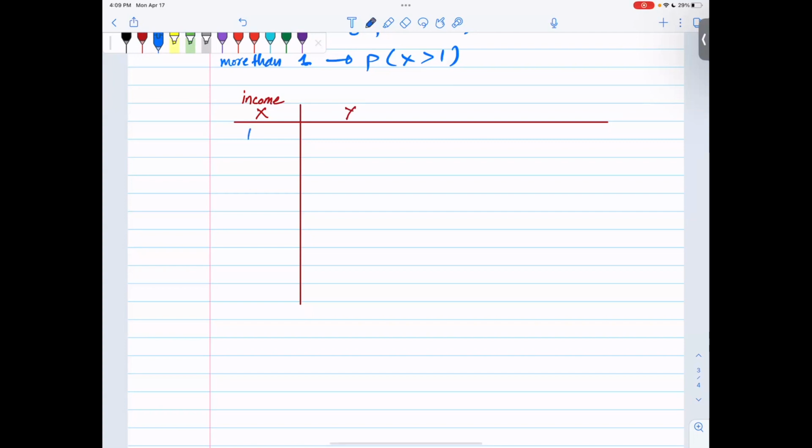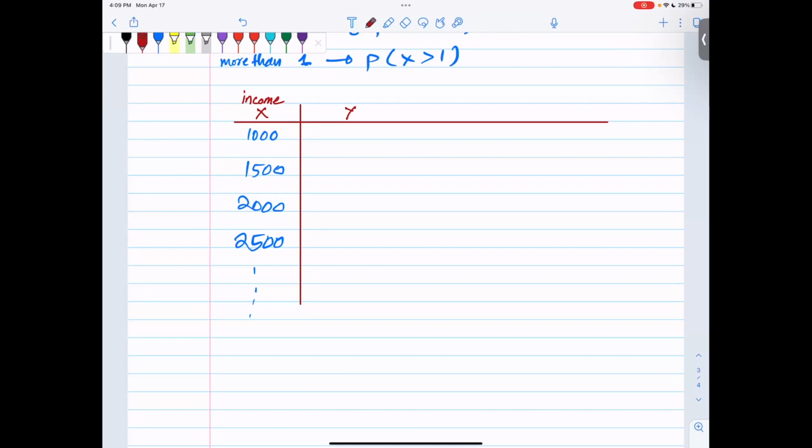So this is the income, let's say 1,000, then 1,500, then 2,000, and so on. For a specific value of x, we have different values of y, right? Because not all people spend exactly the same amount of money.